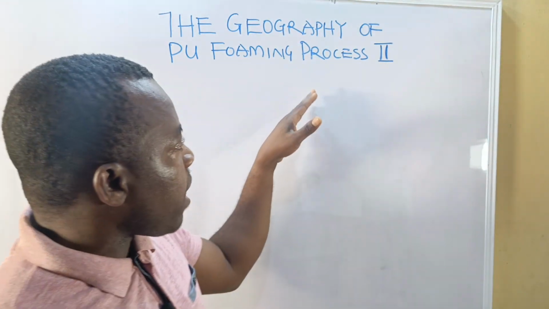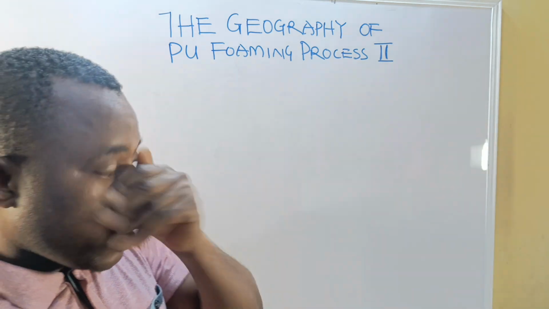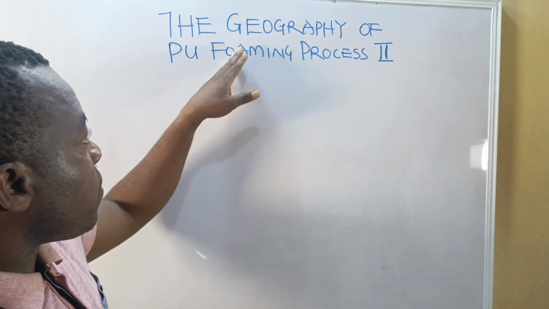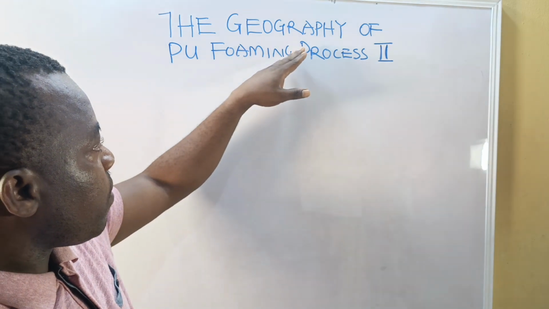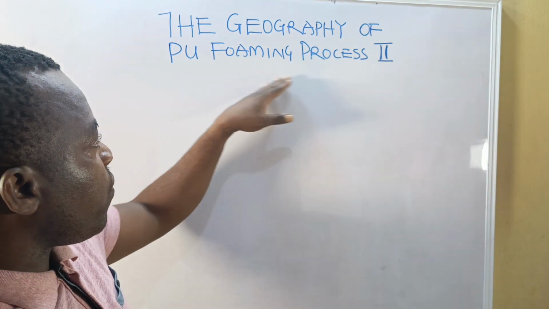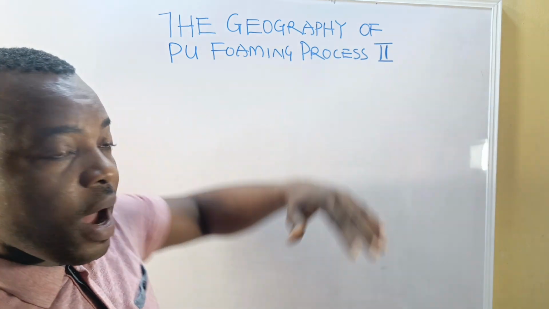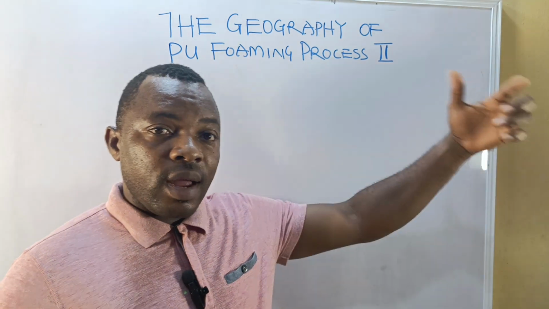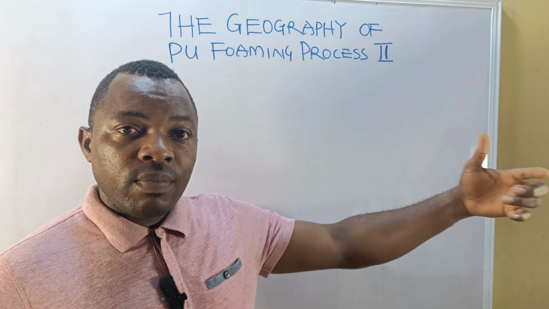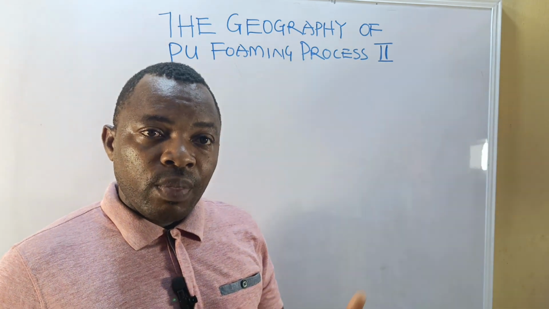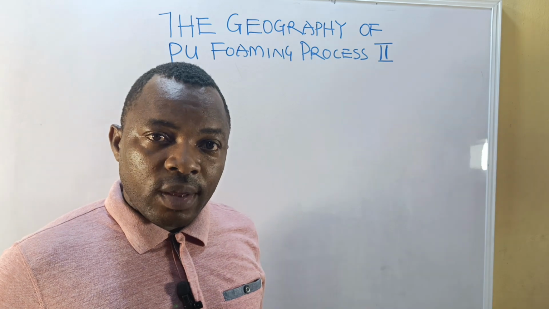And taking us back to what we did in our last lesson: when we say the geography of PU foam process, you are looking at the PU foam reaction and the change in atmospheric weather conditions and that of the boiling point of water.